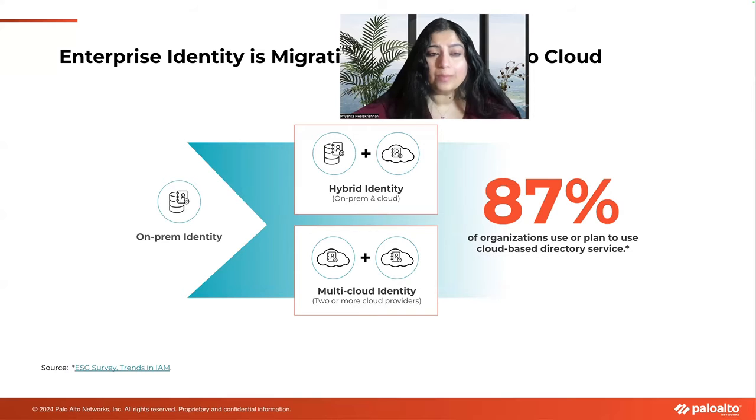Number two, complexity in identity management. Managing identities from multiple sources complicates identity lifecycle management, authentication, and authorization processes. Customers struggle to enforce consistent security policies and access controls across disparate identity repositories.